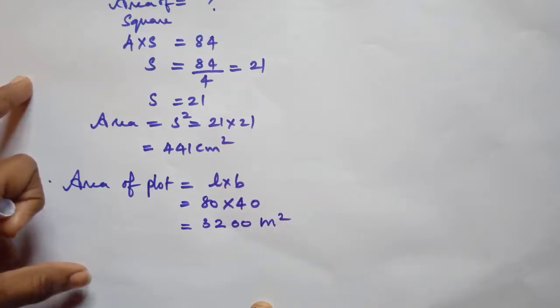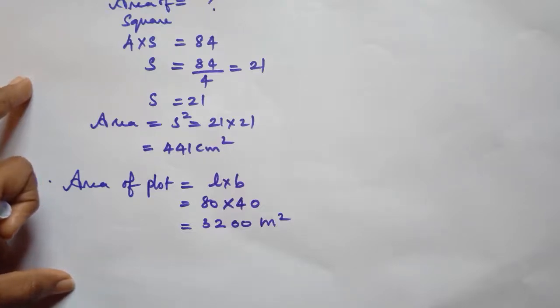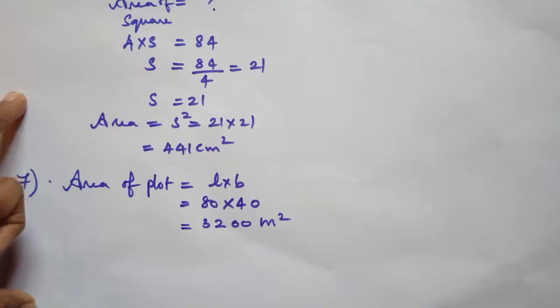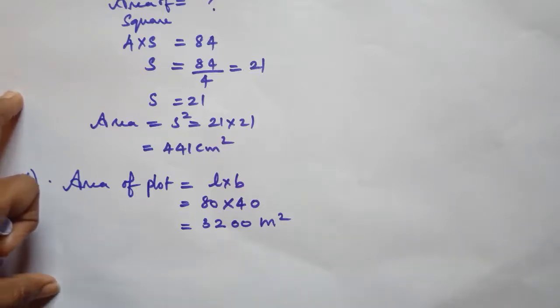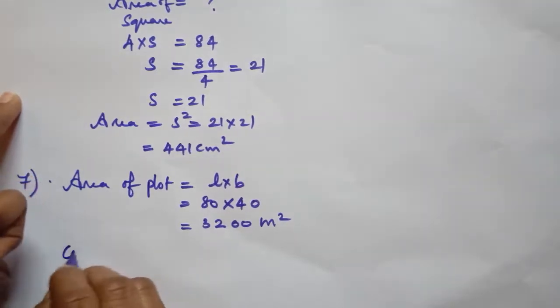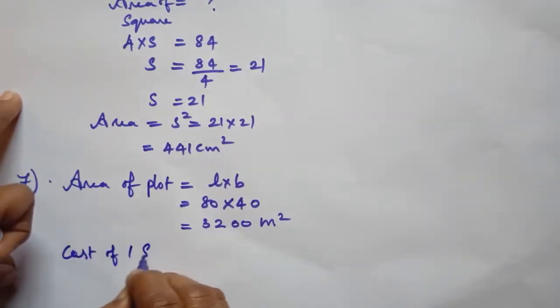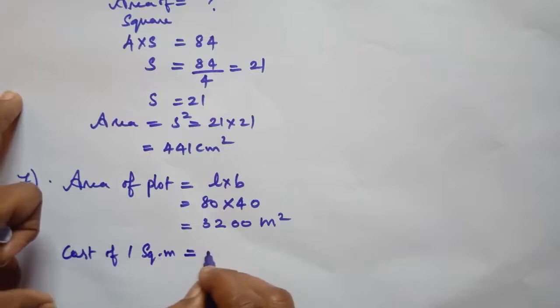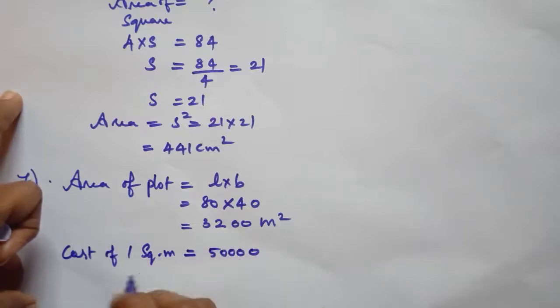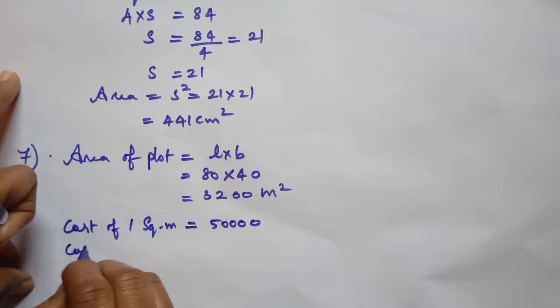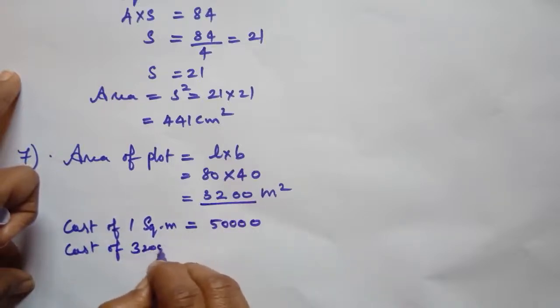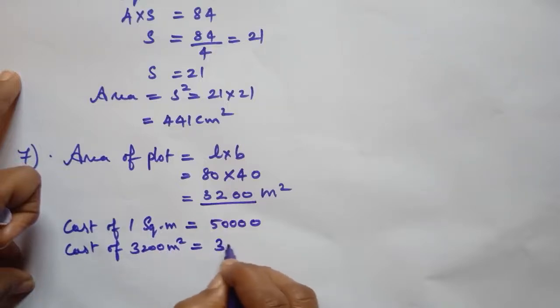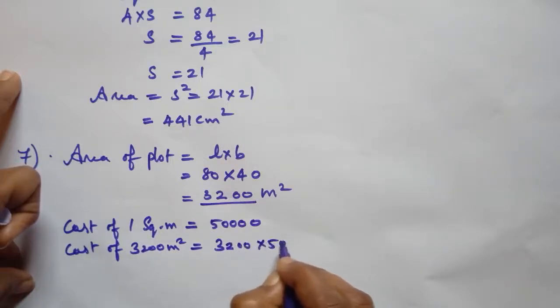Here students listen. Saxena bought a plot of land at 50,000 per meter square. So cost of 1 square meter is equal to 50,000. And then cost of 3,200 meter square is equal to 3,200 into 50,000.